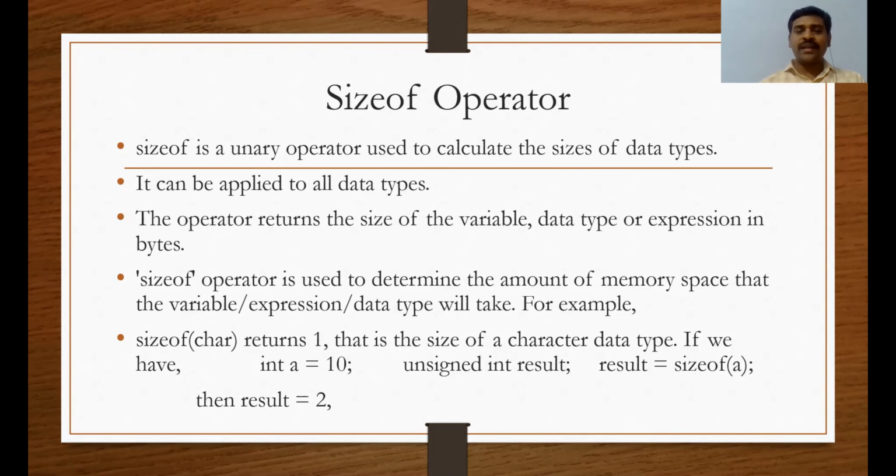The sizeof operator returns how many blocks are required for that variable, or the size of the variable, or the size of the data type, or the size of an expression. So sizeof operator is used to calculate the amount of memory required to store the particular data type value. So it can be applied to all data types.